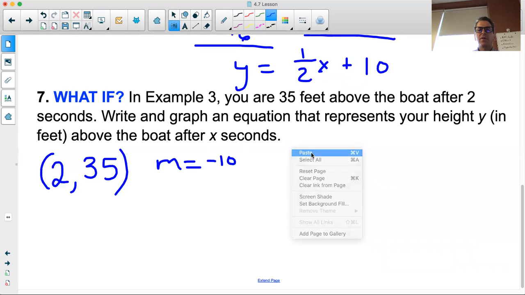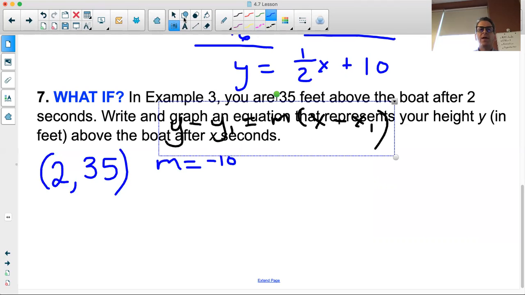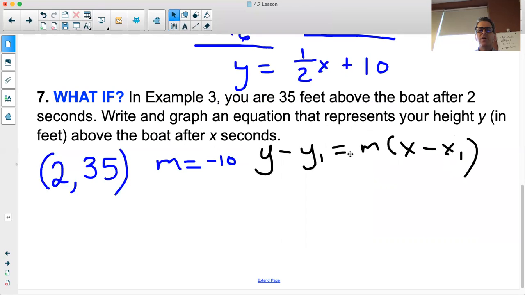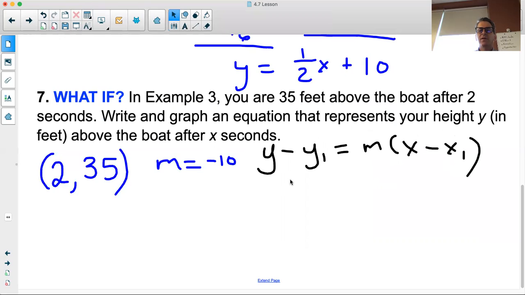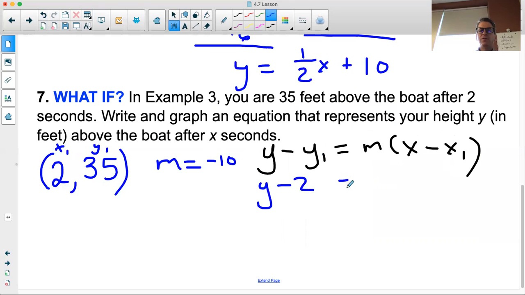We're going to use our relationship here again, which is y minus y1 is equal to m times x minus x1, to get this started. So this would be your x1, and this would be your y1. So y minus the y1, which would be 2, is equal to m, which is negative 10, times x minus the x1. Oh, I made a mistake there.